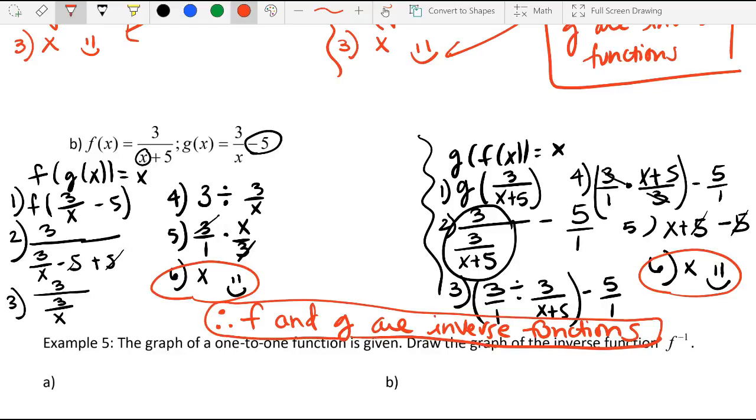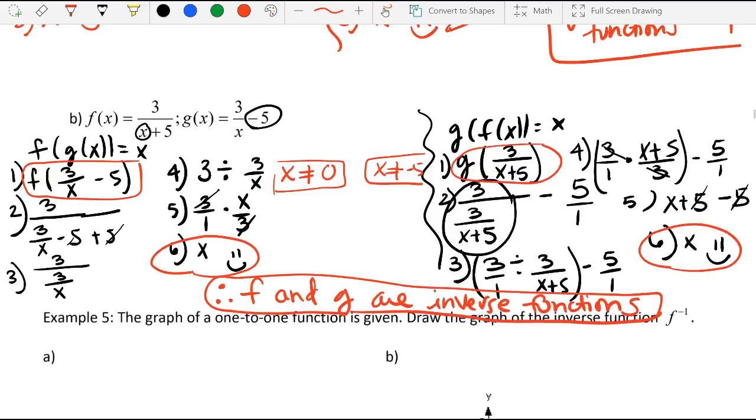When we did this initial input, x can never ever be 0, because that would make my denominator 0. So make sure that's stated. And over here, when we did this initial input, x can never ever be -5. So don't forget to go back and state what those restrictions have to be.